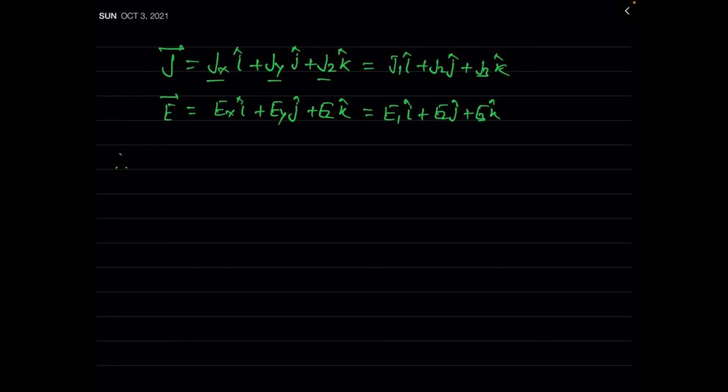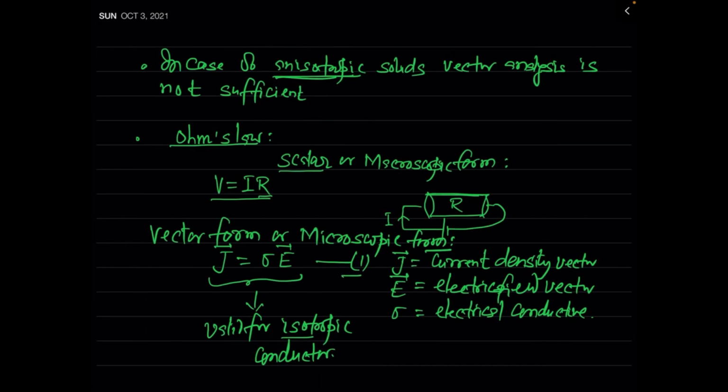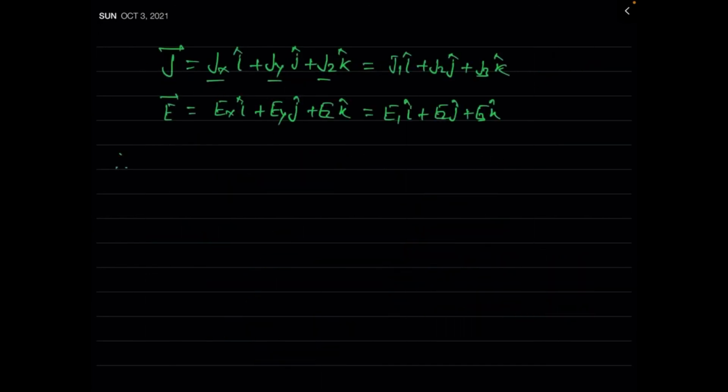So, in case of isotropic solid, you can express the Ohm's law defined in equation 1 in this way. In place of J, we will write J1 i plus J2 j plus J3 k. And as the solid is isotropic, sigma is just a scalar quantity and it has a constant value. It does not depend on direction or on point.